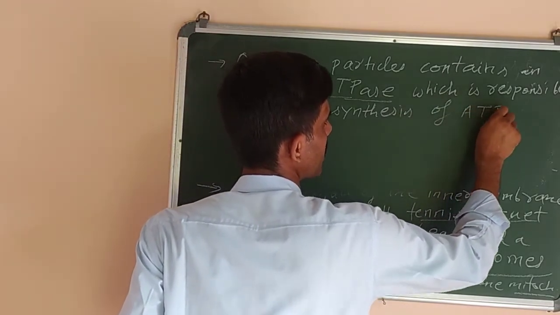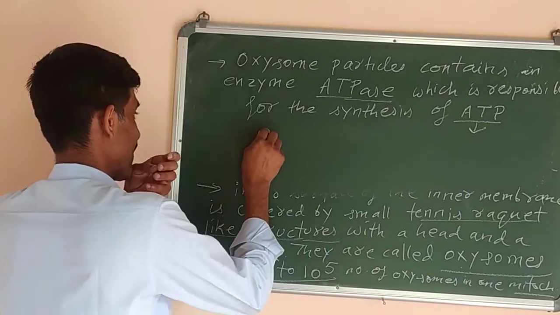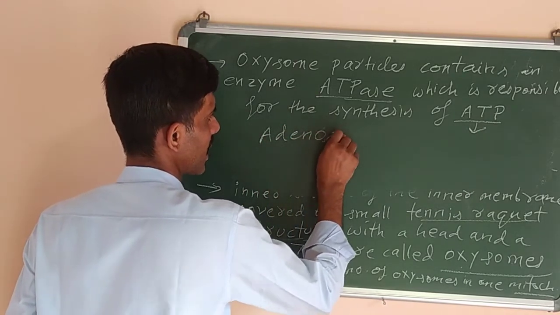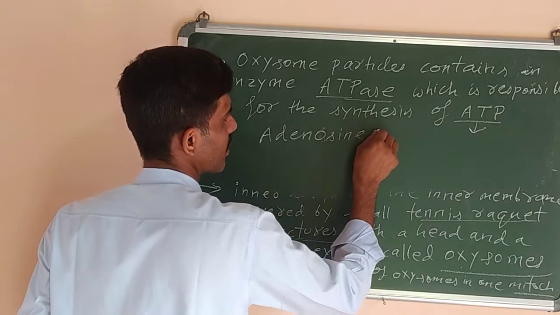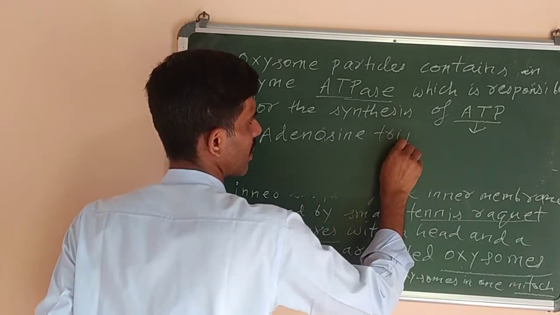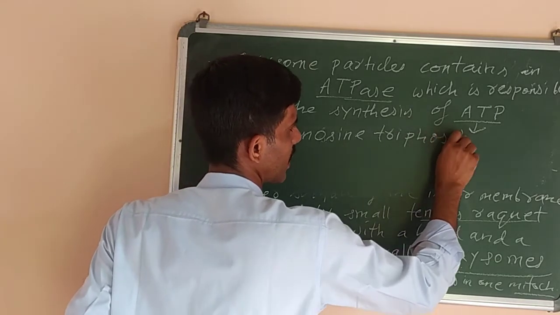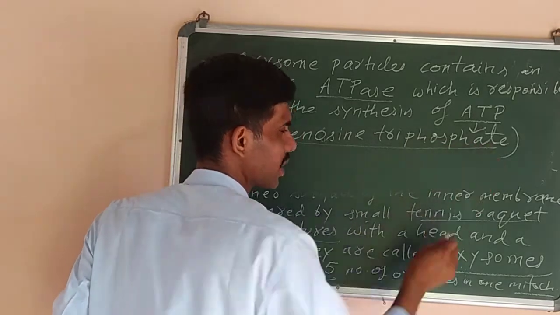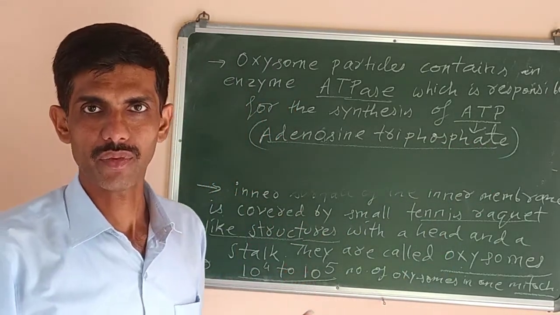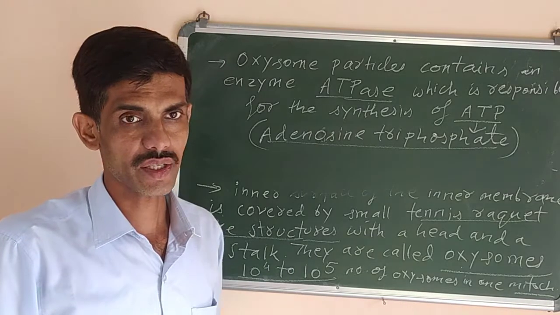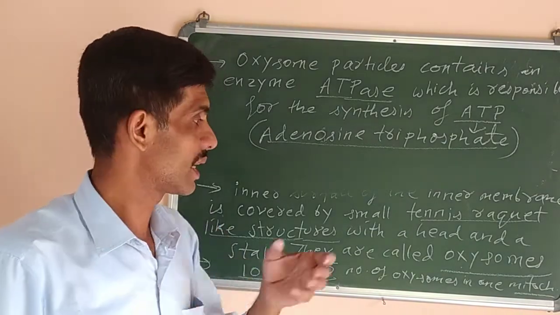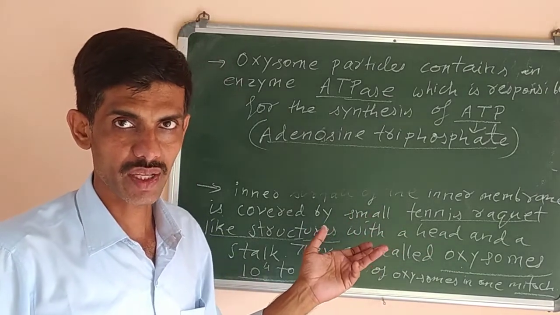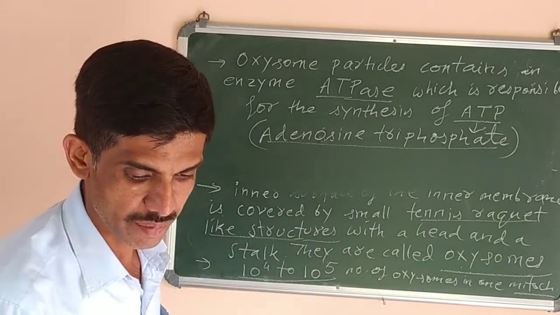Now what is this ATP? The full form of ATP is adenosine triphosphate. It is called the energy currency of the cell, because plant cells or animal cells spend energy in the form of ATP. And where is it produced? It is produced inside the oxysomes in the mitochondria. That's why mitochondria are known as the powerhouse of the cell.